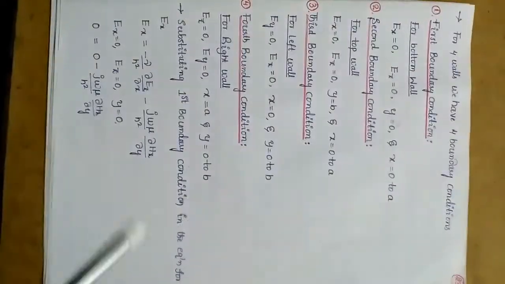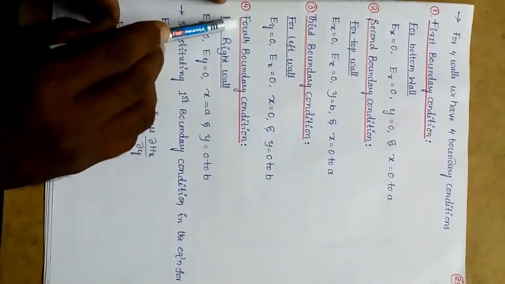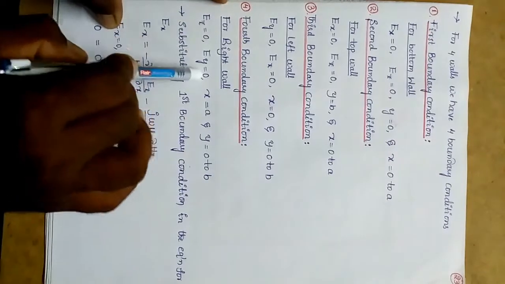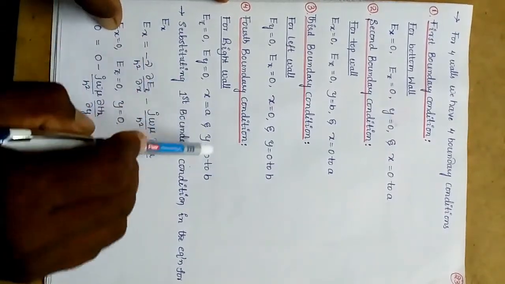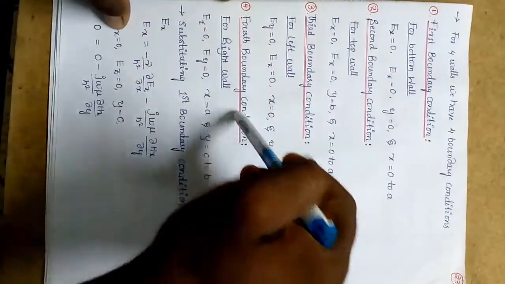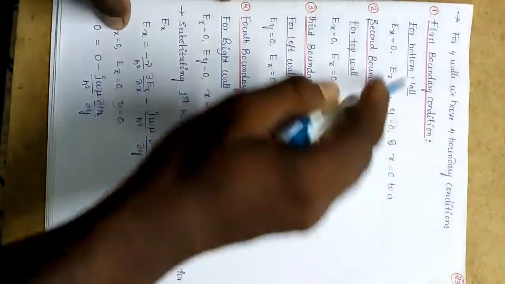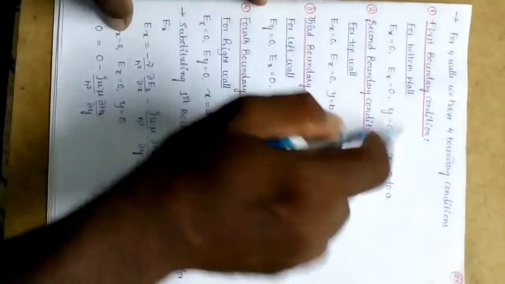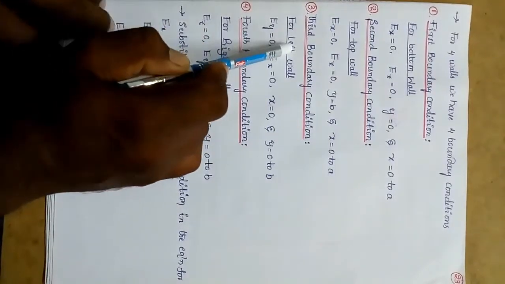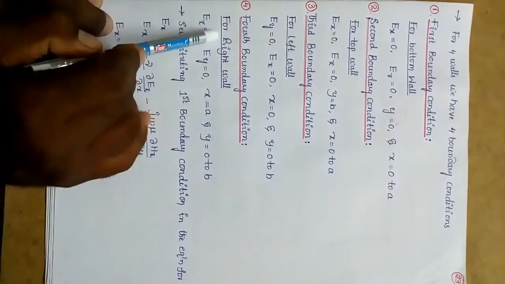Okay, so that is here. Fourth boundary condition for the right wall: Ez is equal to 0, Ey is equal to 0, x is equal to a, and y is equal to 0 to b. Okay, so these are all the 4 boundary conditions for the respective walls. The first boundary condition is for the bottom wall, the second for the top wall, the third for the left wall, and the last one is the fourth boundary condition for the right wall.